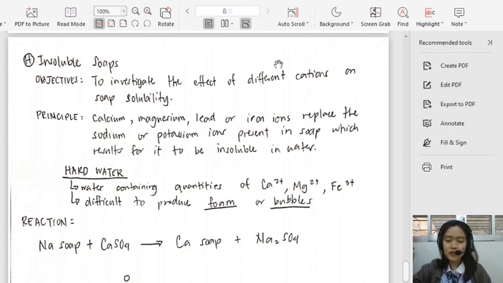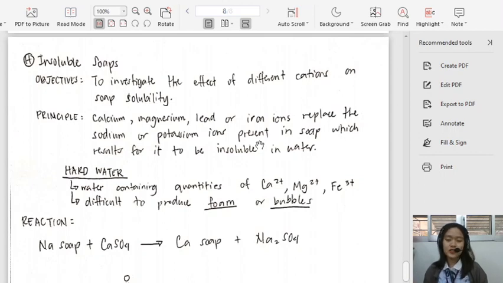Okay? So, what will happen when you add cations to your soap solution? So, the principle: calcium, magnesium, lead, or iron ions replace the sodium and potassium ions present in the soap, which results in it becoming insoluble in water. So, we said earlier that your soap is soluble in water.